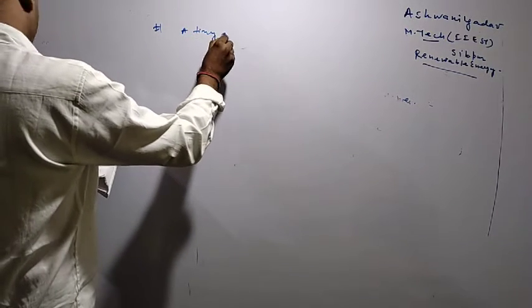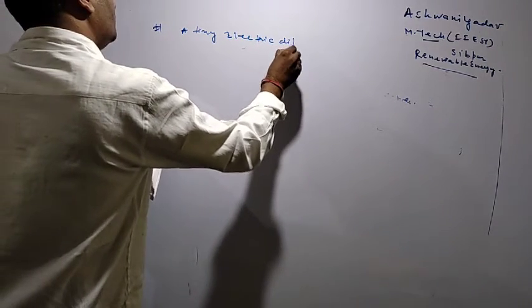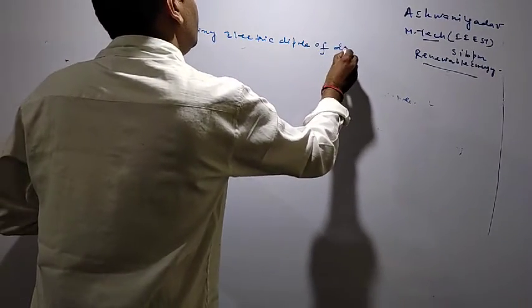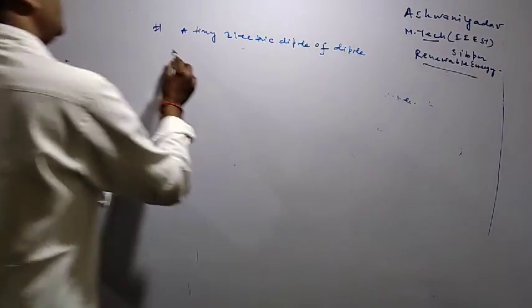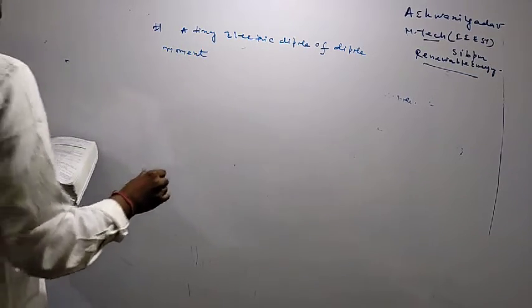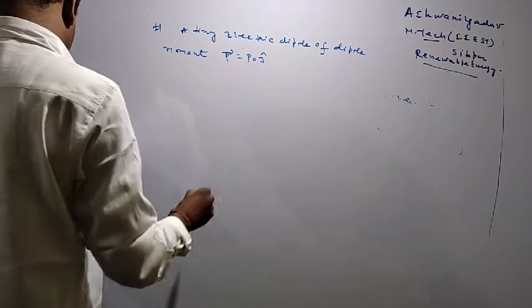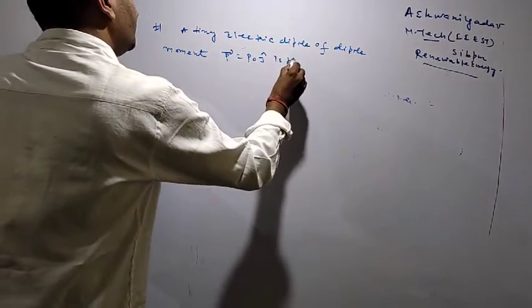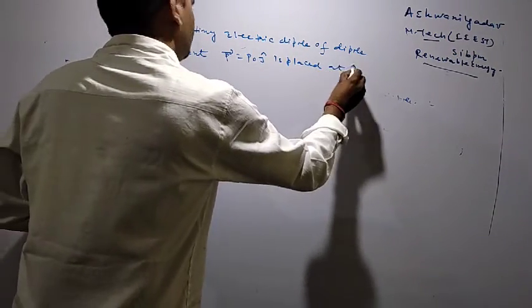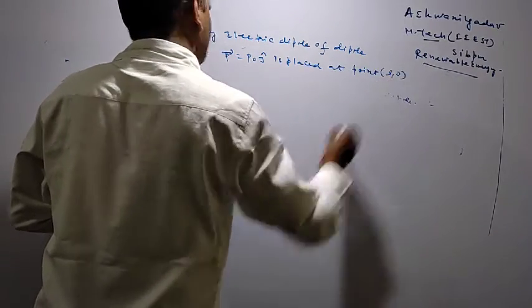A tiny electric dipole of dipole moment p, which is p k, is placed at point (L, 0).